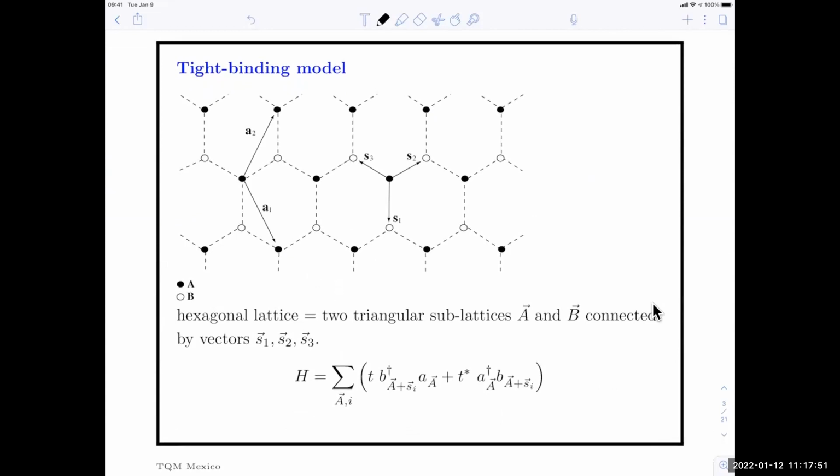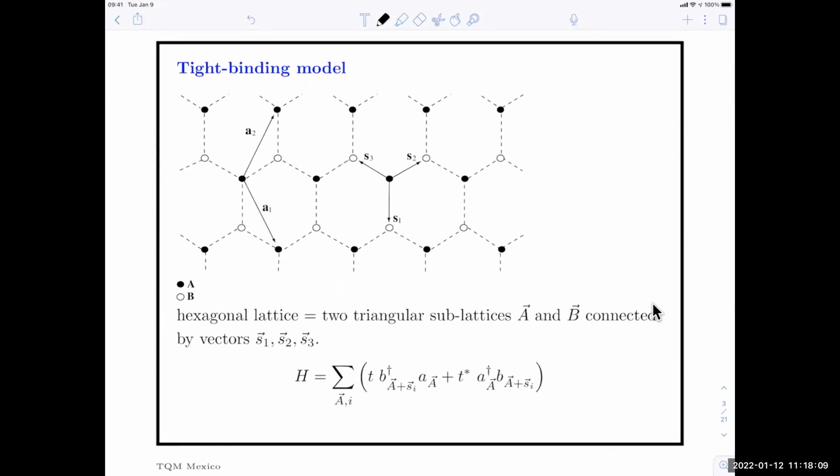So what do I mean by that? I mean that you take a model where electrons like to sit at sites localized at each of the lattice points. And then in that model, the dynamics is simply the tunneling of electrons from site to site.